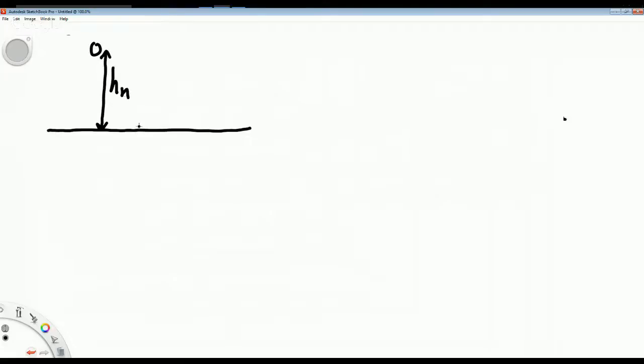It's going to fall to the floor, of course, but because hn is the maximum height after the bounce, what we know is that when the ball is at height hn, it has zero velocity. So at this point, let's say the initial velocity is 0 meters per second.